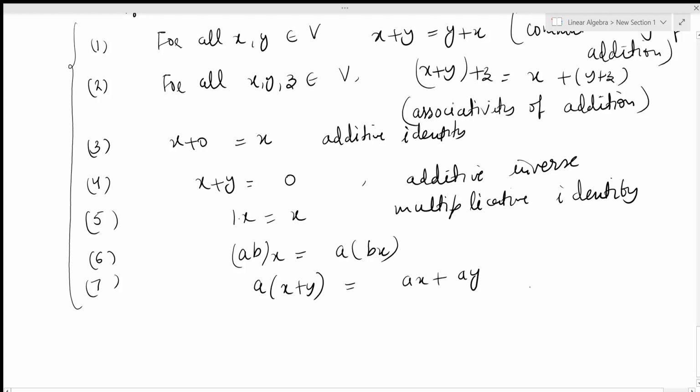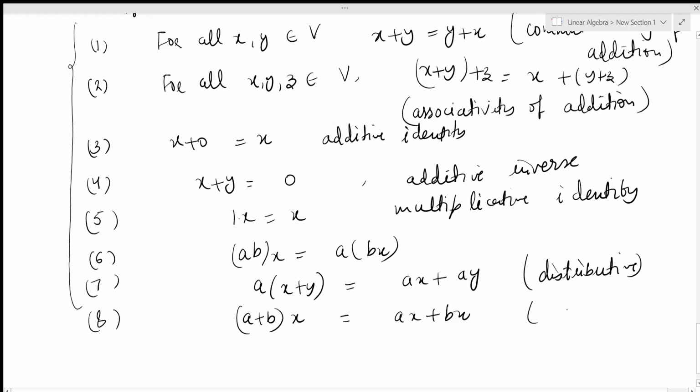The last one is the distributive property over scalar addition: (a plus b)x is ax plus bx.